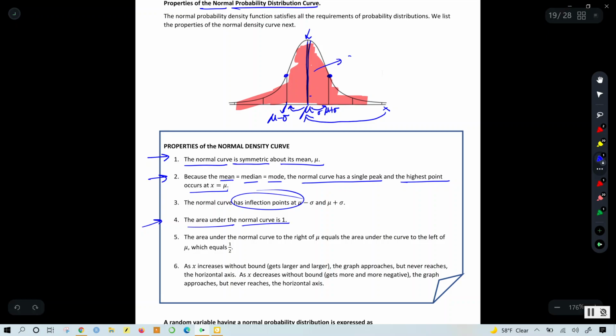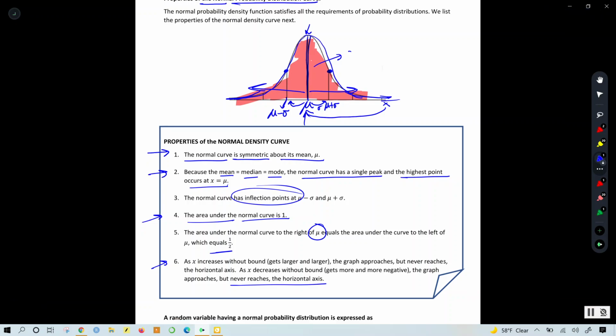And that means that the area to the left and to the right of the mean, the center value, will each be equal to 1/2. Then finally, note that when you draw the normal distribution curve, the curve comes very close, asymptotically speaking, to the x-axis, but never really touches the horizontal axis.